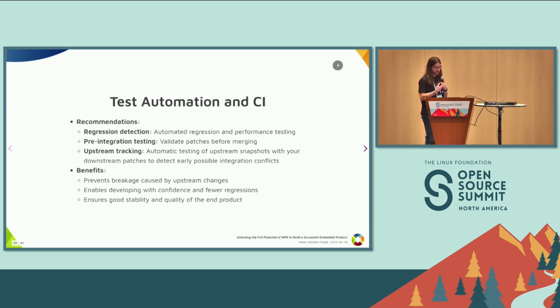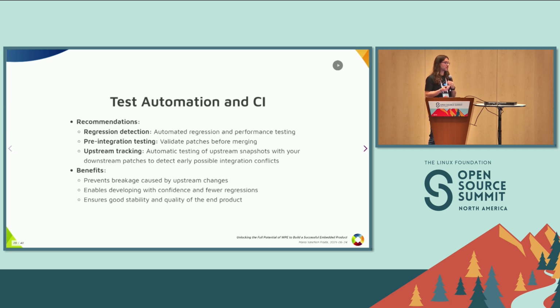And last but not least, automation. Test automation and continuous integration, this is something that you should set up as soon as possible. Not just for detecting regressions, which is important, including performance regressions. It's also useful to do checks that are downstream specific, like pre-integration testing of your patches on top of the upstream baseline.